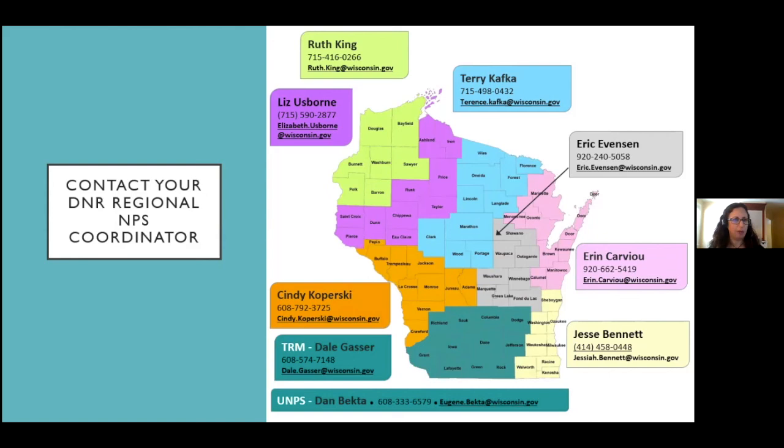We may end up having some underspending that can be used later in the year, but it's not a guarantee. So what happens is you fill out an amendment request, and then it goes to the non-point source. You work with your non-point source coordinator, it goes to Corrine, and then the grants team makes a decision on if we have the funding.